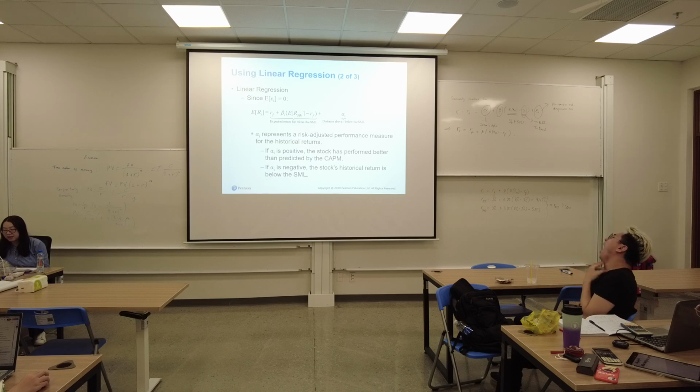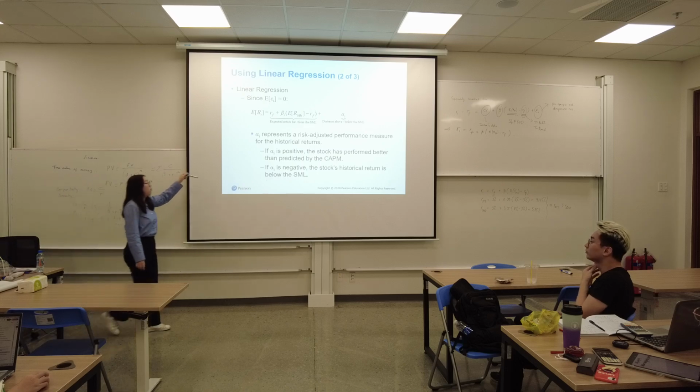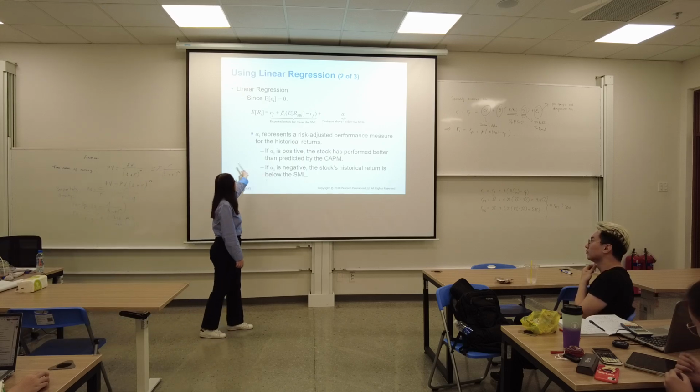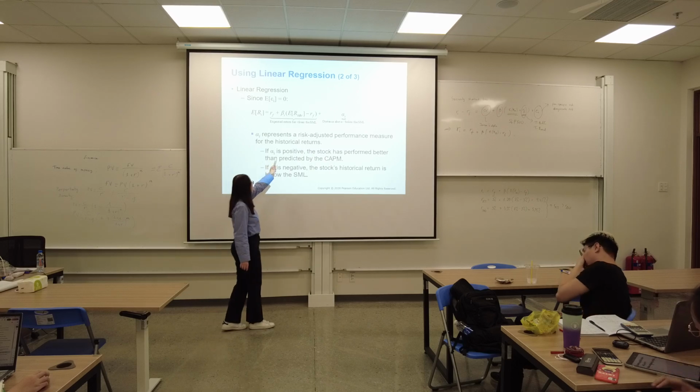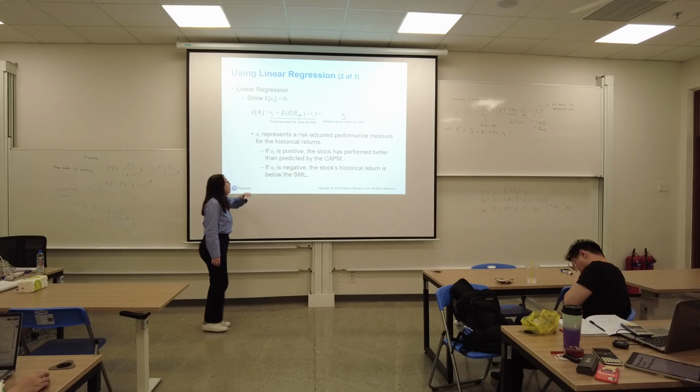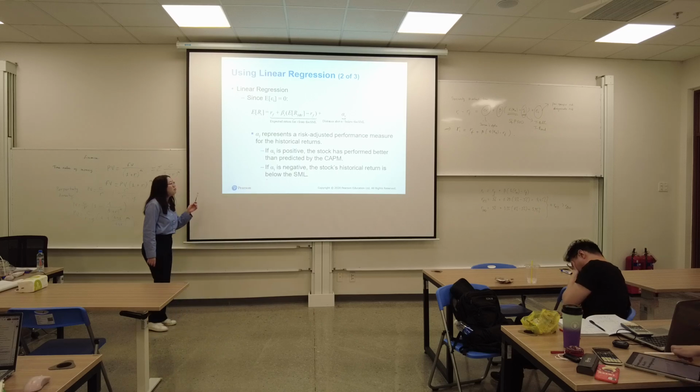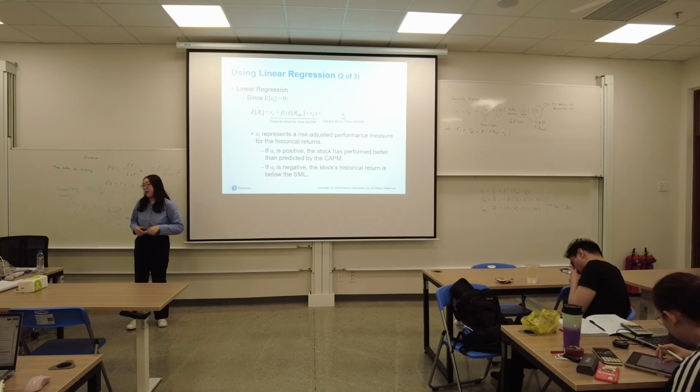And then it's about the alpha. Alpha represents a risk-adjusted performance measure for the historical return. If alpha is positive, it means that the stock has performed better than predicted by the CAPM.